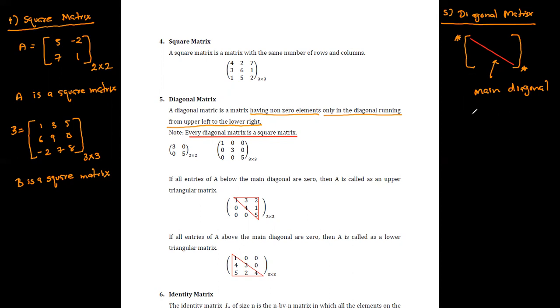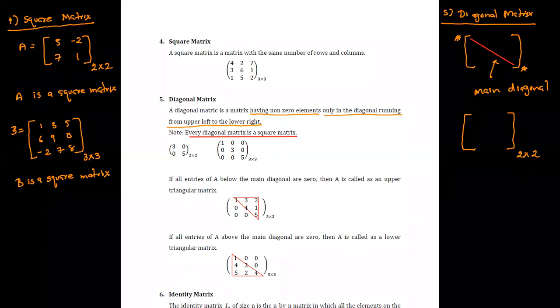Now, if you have a 2 by 2 matrix, we can identify this as the main diagonal. Then the element at this point and the element at this point will be the elements on the main diagonal.